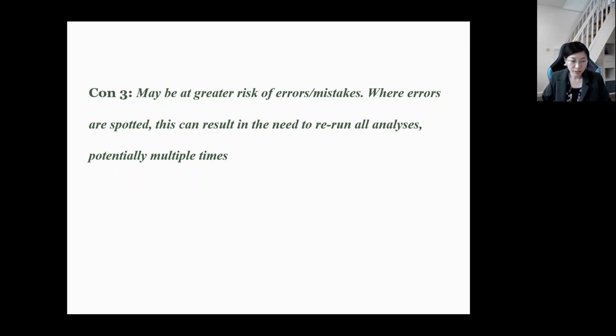And because a whole disease model has a broader scope than a traditional piecewise model, and it also has a more complex care pathway, a whole disease model may be at greater risk of errors or mistakes compared to a small piecewise model. And what makes things worse is where errors are spotted, this may result in the need to rerun all analysis, potentially multiple times.